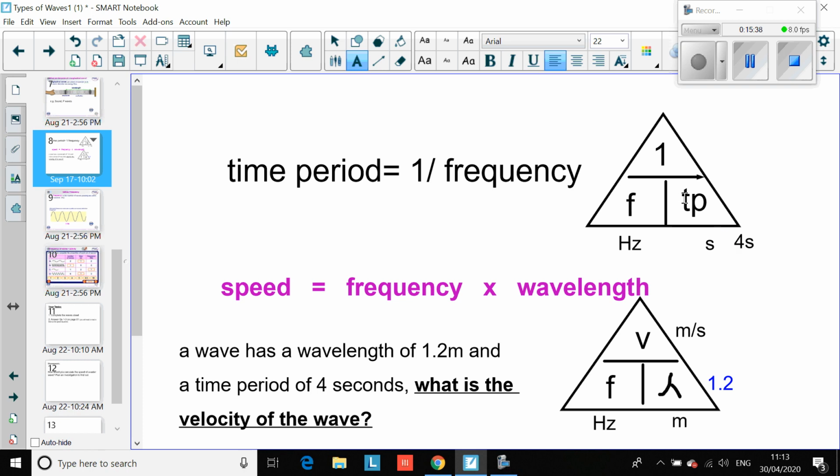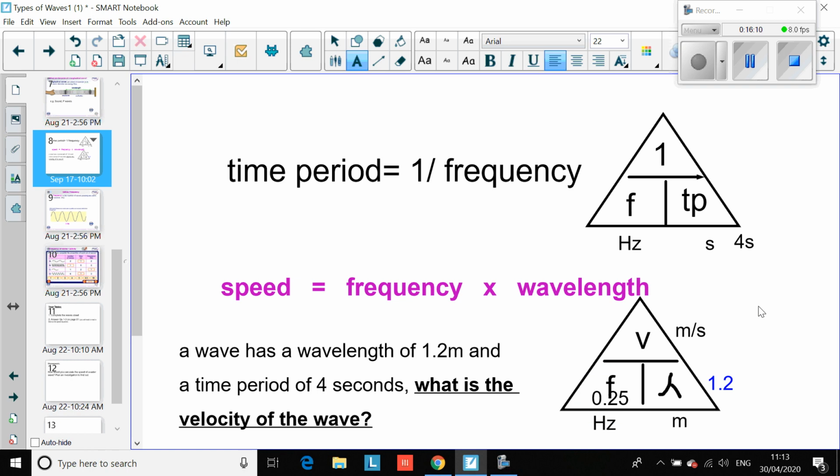What's the problem though? In order to do that, it'd be 1 over the frequency. Okay, now 1 is always 1, it's always set. They're going to presume that you know that. So what we would do is 1 divided by 4, and for those of you that can do basic arithmetic, that's 0.25. We now have frequency 0.25. We then move that over here, and then it's very basic arithmetic, which hopefully you can do.